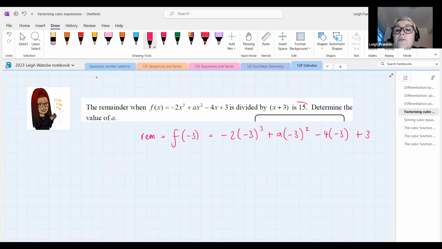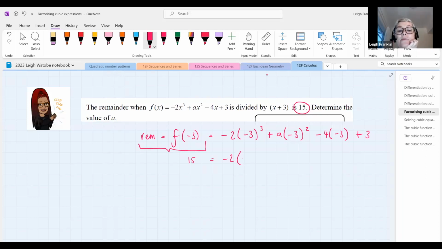And where do you think I should put the 15? Exactly, in place of your remainder. So 15 is going to go over here.